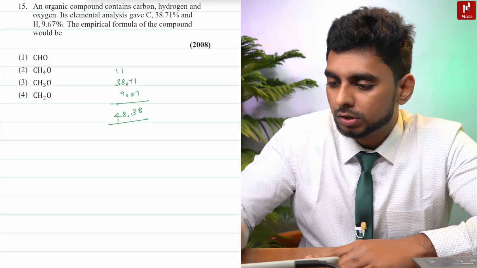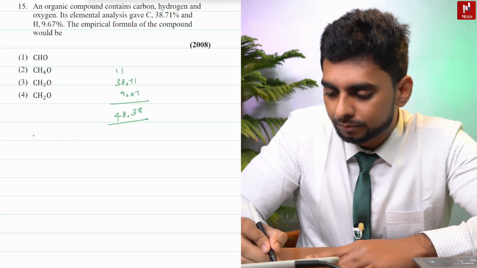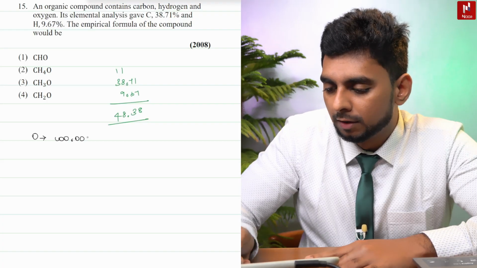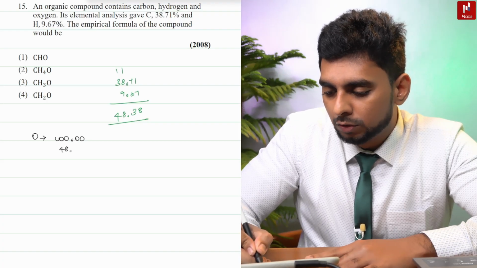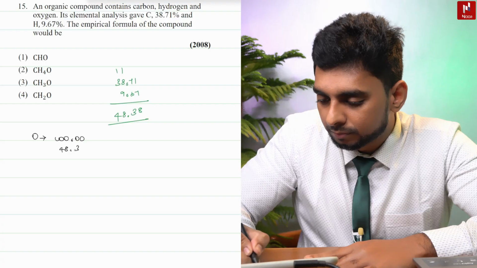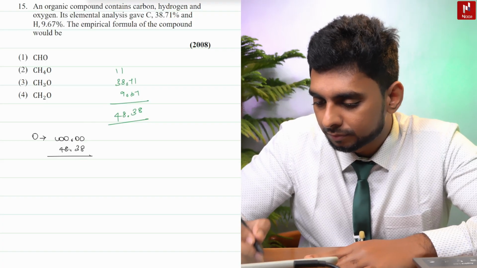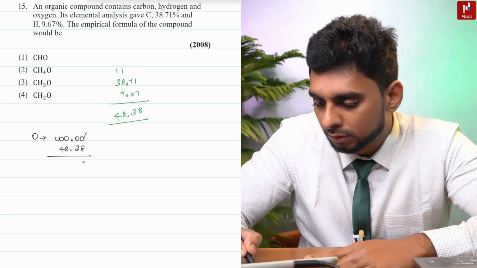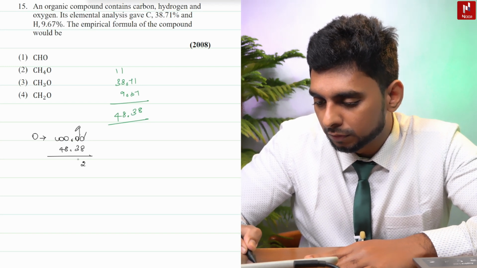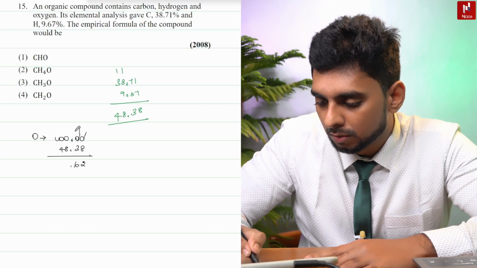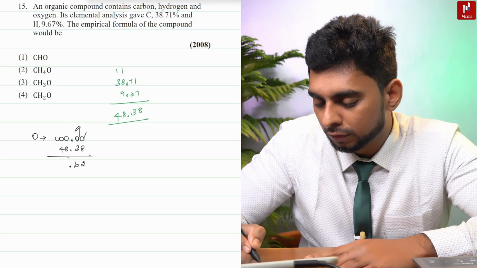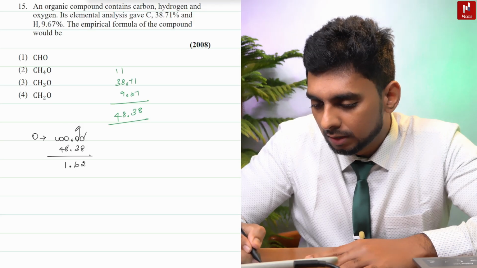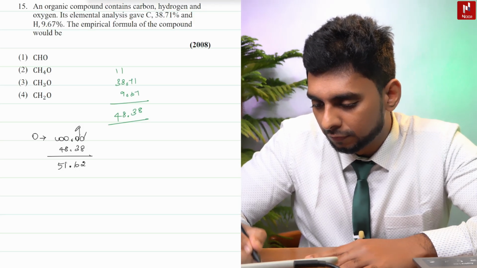So to get the oxygen, I'll have to subtract it from 100. Out of the 100 grams that I've taken, 48.38 will be used by the other elements. So for oxygen you will have 51.62.